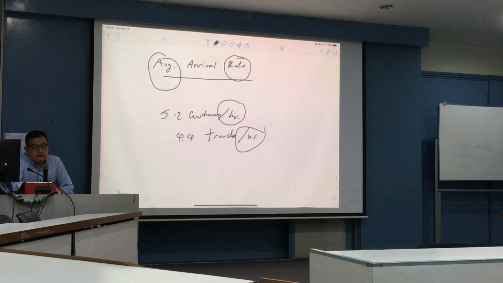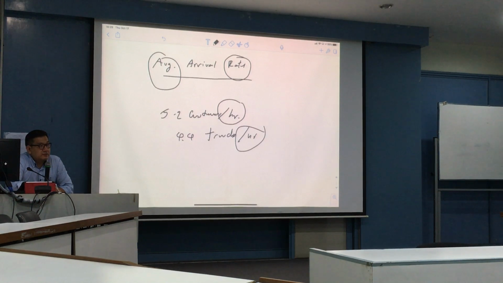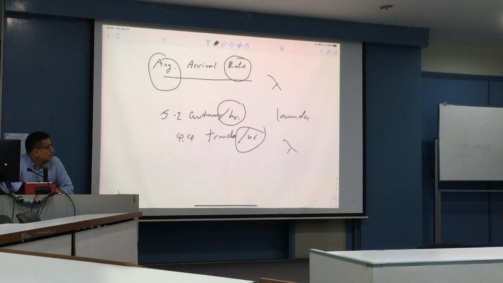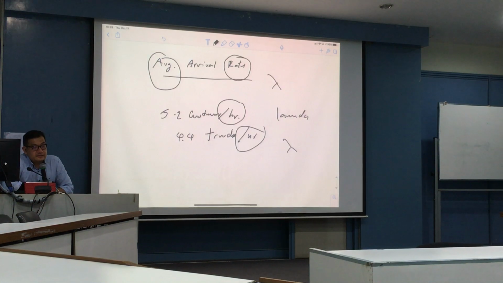So the notation of the average arrival rate, the one that you need to find before you analyze the queuing system, is lambda. You may be familiar with this notation from statistics. You need to find lambda in order to analyze the queuing system.